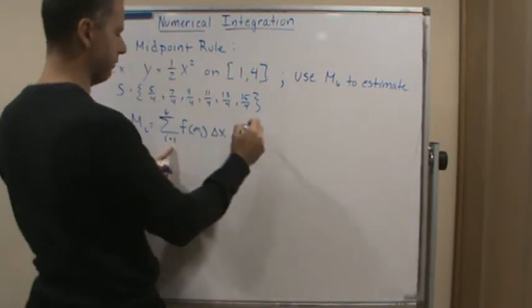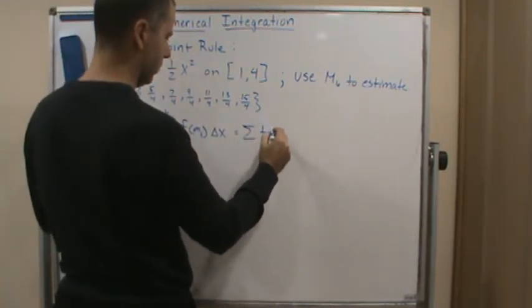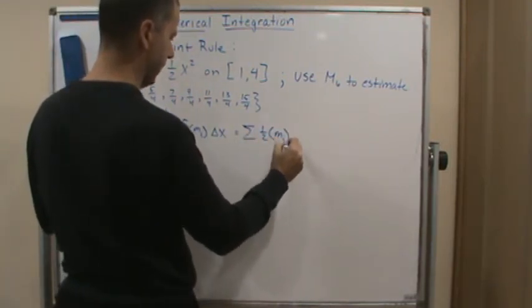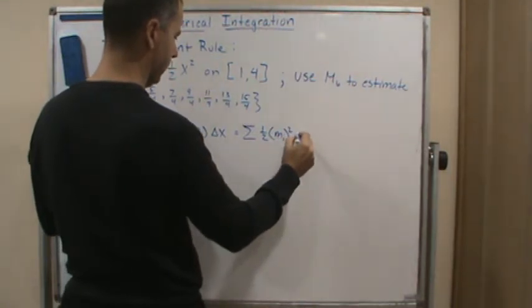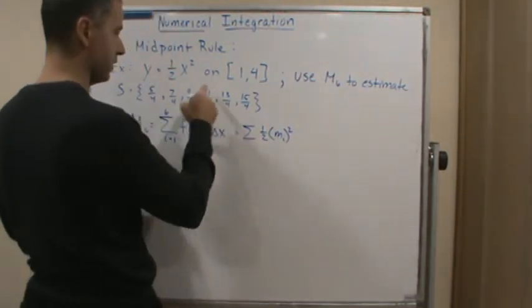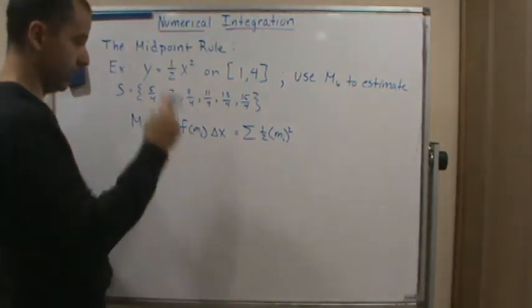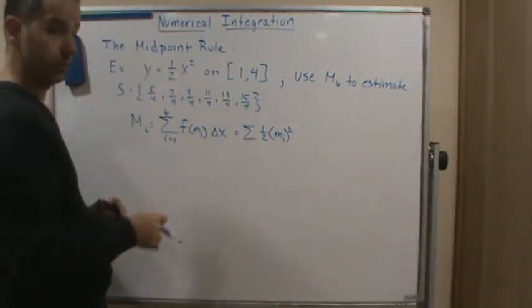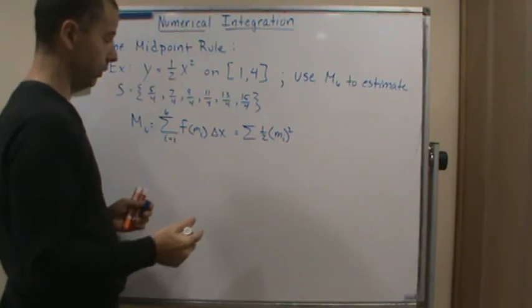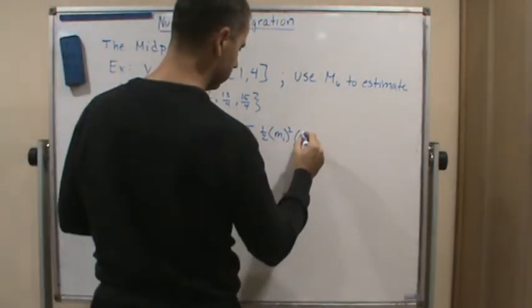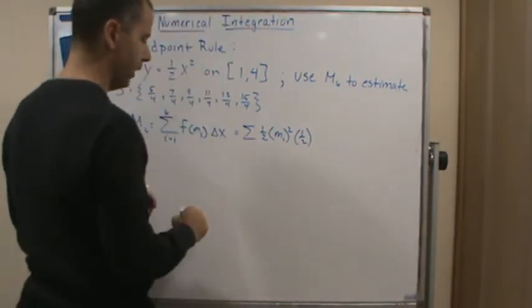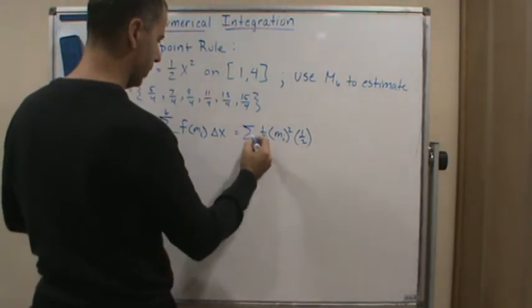This is 1/2 m sub i squared times delta x, and delta x was 1/2.